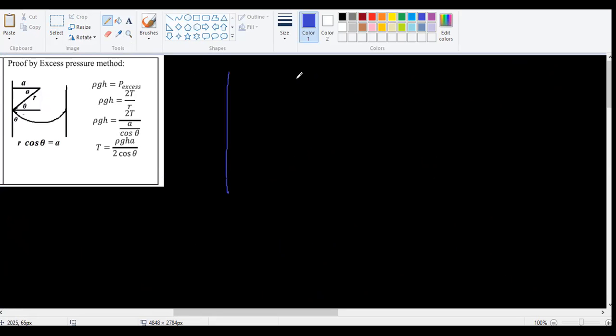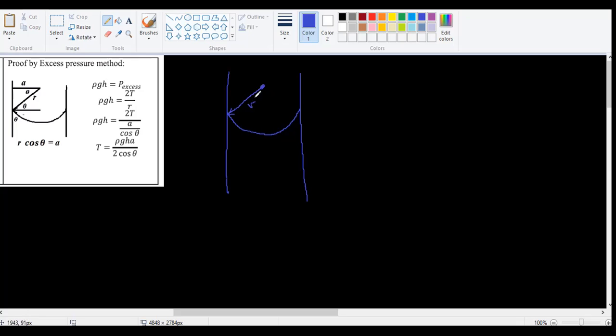We are talking about capillary rise. We are talking about something like a lower meniscus in this particular example. If you consider the radius of this bubble, this is the center of the curvature. The center of curvature is an imaginary point somewhere here, which will be taken as your radius.